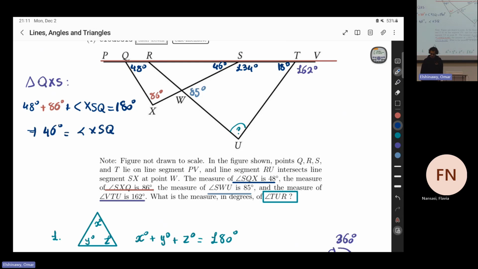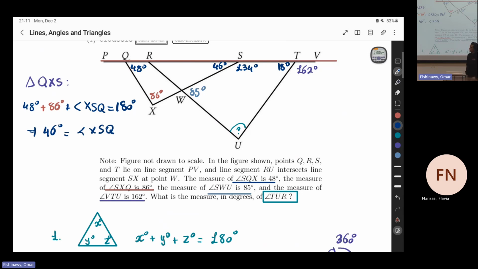We could look at this also from y, which is point W. So we can say 180 minus 95 is gonna be 85. I mean, gonna be 95. 95 plus 64 is a number.